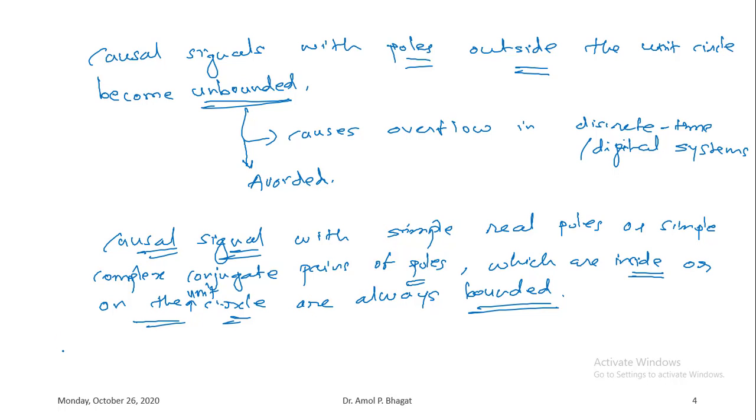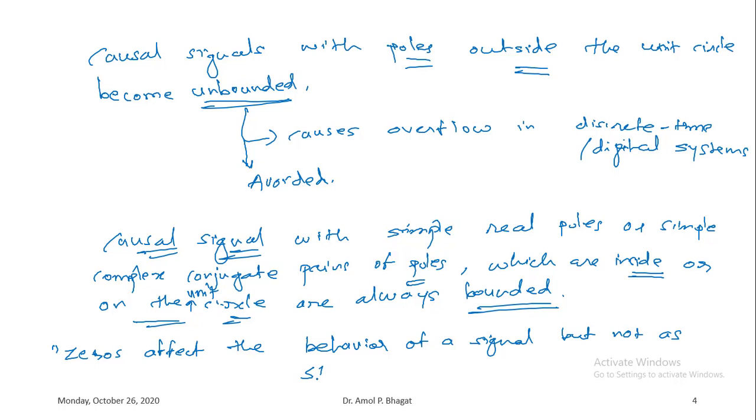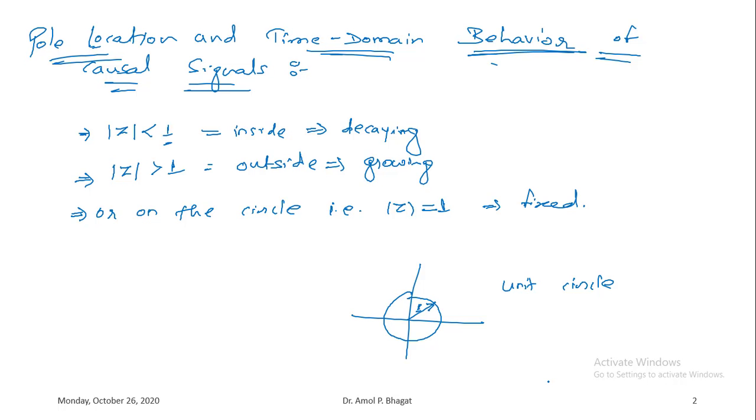You can note this point down. Therefore, whenever we are considering a causal signal, we are focusing on the location of poles.